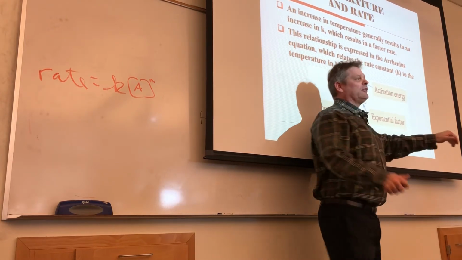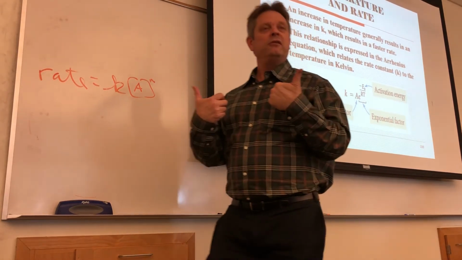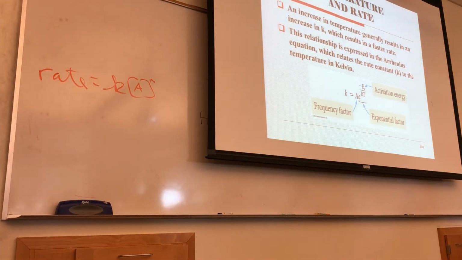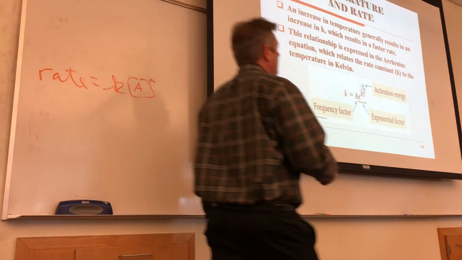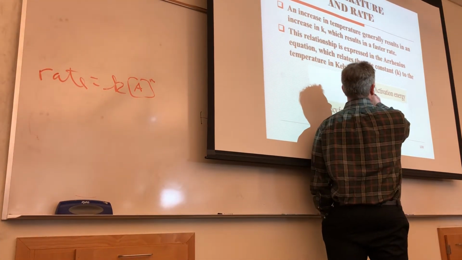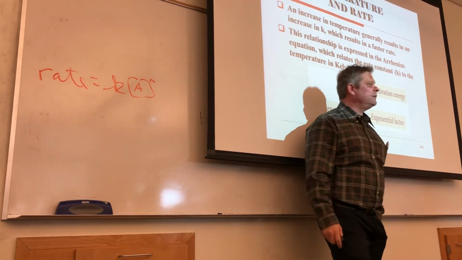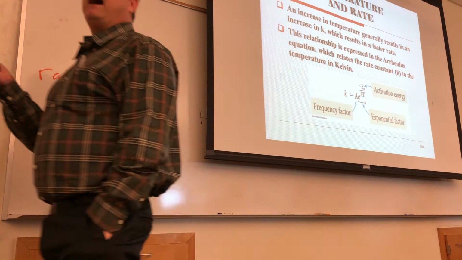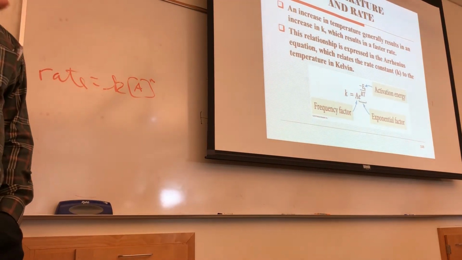If I increase the temperature, is it always going to change something? Is it always going to increase the rate? K, yes, since it's on the bottom. But can it sometimes have an effect on the activation energy? In a biological system, if I raise it too high, how could that potentially affect a catalyst?